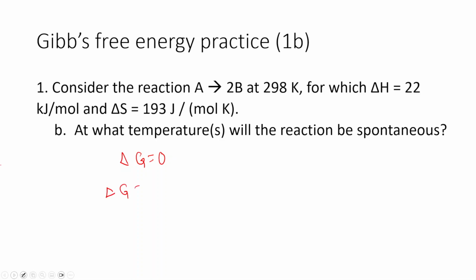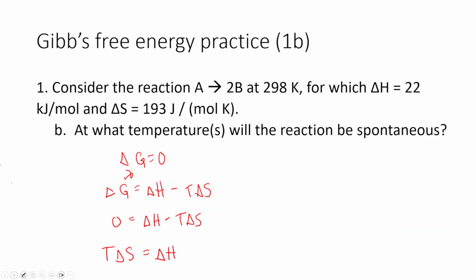So delta G equals delta H minus T delta S. And now we're setting delta G to 0, so 0 equals delta H minus T delta S. We can add T delta S to both sides, and so you end up having T delta S equals delta H. And we want to solve for temperature, right?